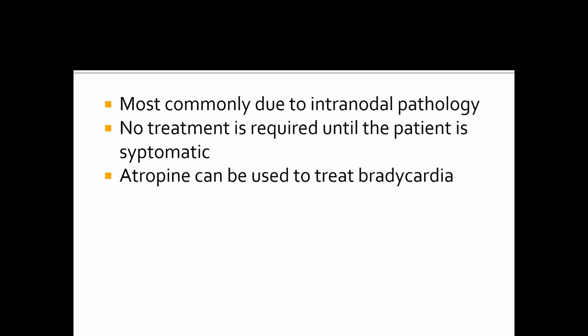If there is an offending drug, you have to decrease the dosage of that drug or you have to stop that drug. अब जहाँ पे हम लिख रहे हैं कि नो ट्रीटमेंट इज रिक्वायर्ड, इसका ये मतलब नहीं है कि इस्कीमिया को ट्रीट नहीं करना. जो भी ऑफेंडिंग कॉज है उसको ट्रीट करना है.